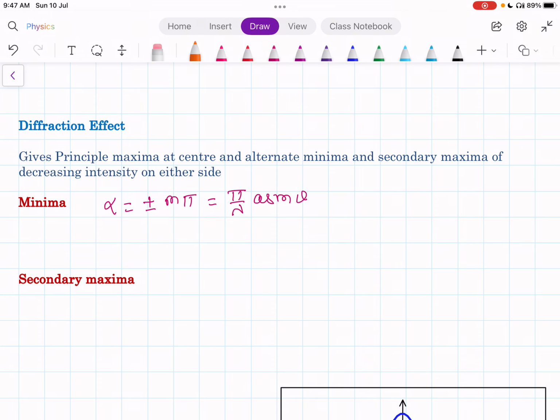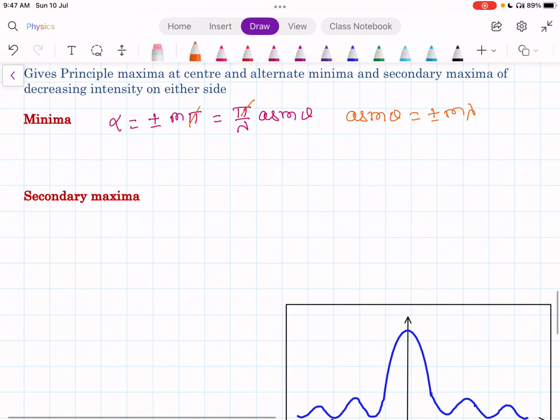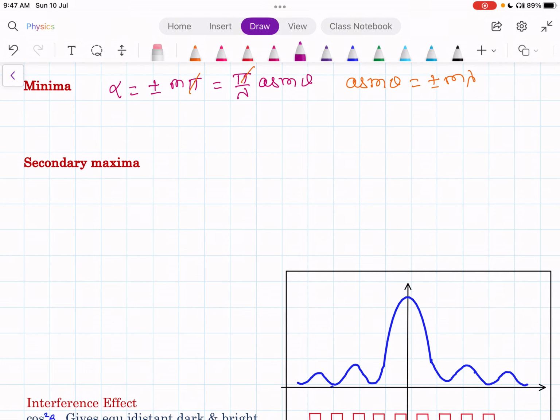This pi cancels with this pi, and so we get a sine theta is equal to plus minus m lambda. So this is the condition for minima. And as you can see, exactly in between two minimas, there is a secondary maxima.